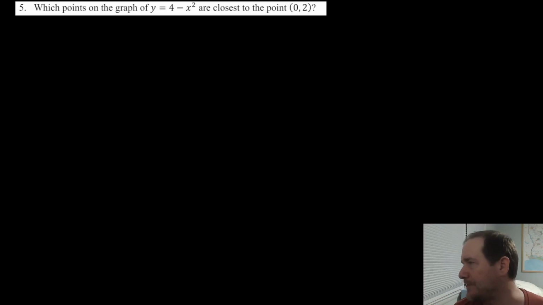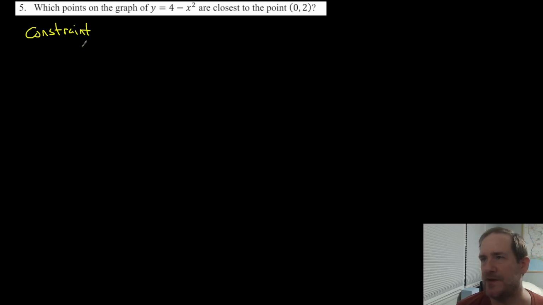Of course, we've done a problem kind of like this before, so we know that our constraint equation is just the equation of the given graph, the parabola. So our constraint equation is y equals 4 minus x squared. And the optimization equation that we're trying to minimize, because we're trying to be as close as possible, comes from the distance formula.